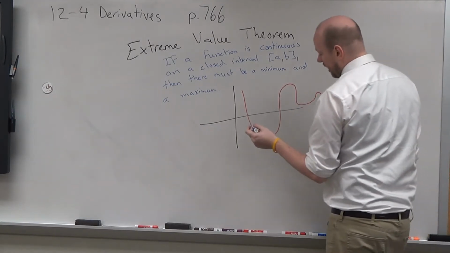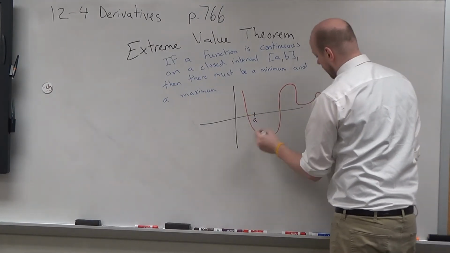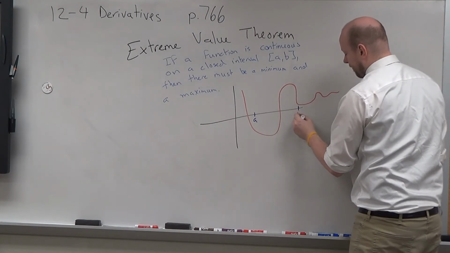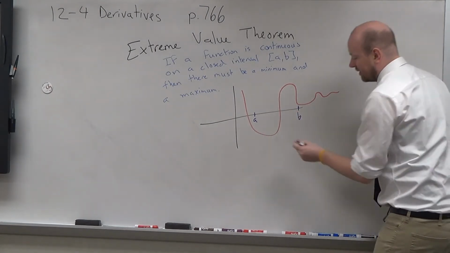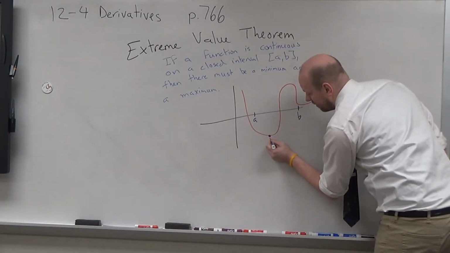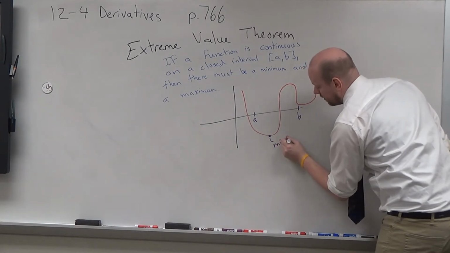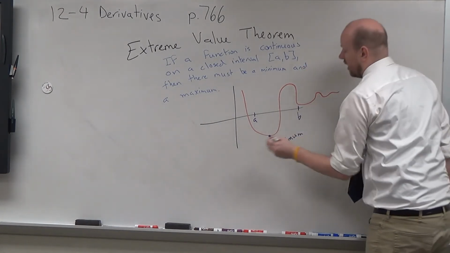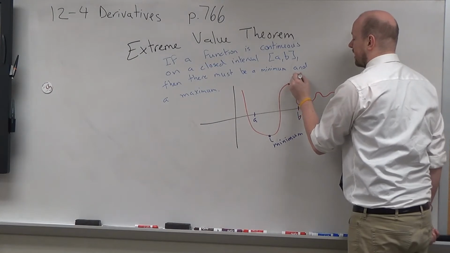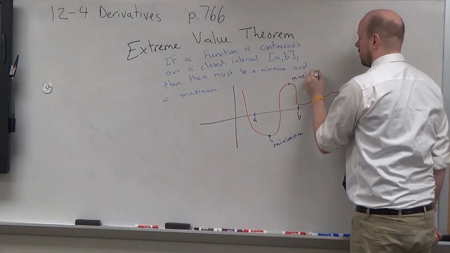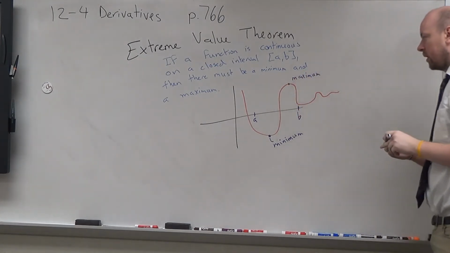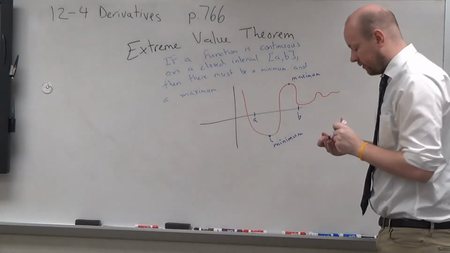So let's say I had A and B. Then there has to be some minimum value, and there has to be some maximum value.